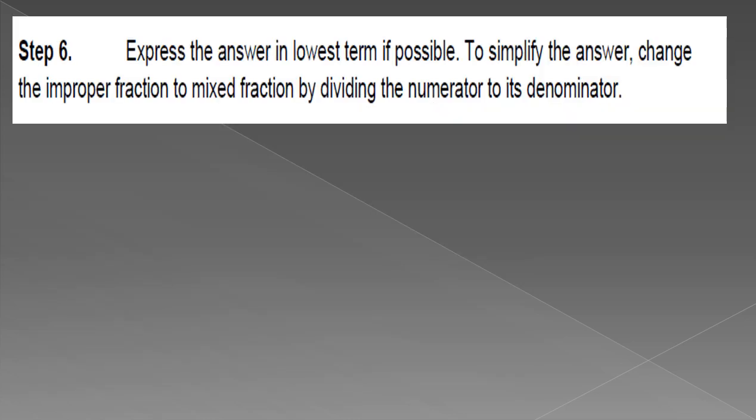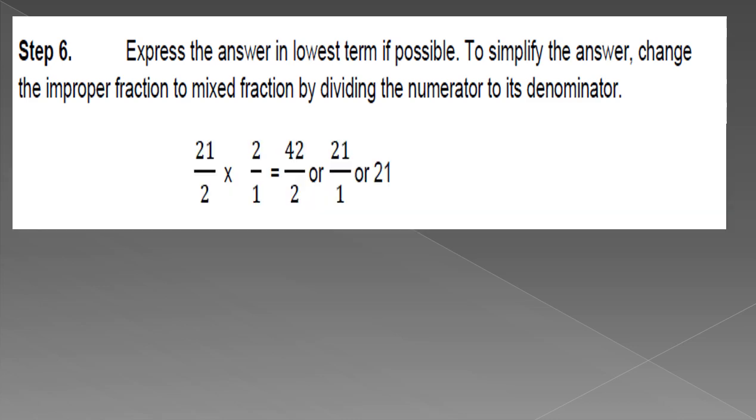So we are going to express this to the lowest term. To simplify the answer, change the improper fraction to mixed fraction by dividing the numerator by its denominator. So 21 over 2 times 2 over 1 is equals to 42 over 2 or 42 halves or 21 over 1. Why? We are going to divide 42 by 2.